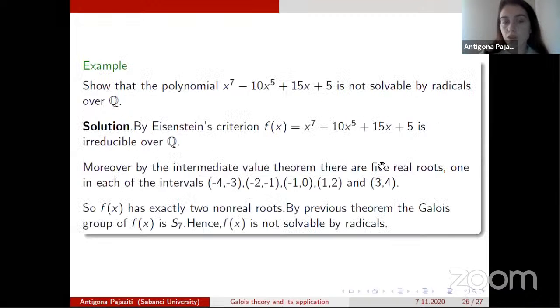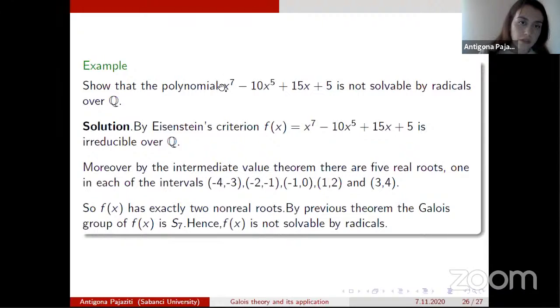How do we do that? We use Eisenstein's criterion. We already see that this is a monic polynomial because a_7 is equal to 1. To show its irreducibility, we take p equal to 5, p prime, so p squared doesn't divide 5, 5 divides -10 and 15, and 5 doesn't divide 1.